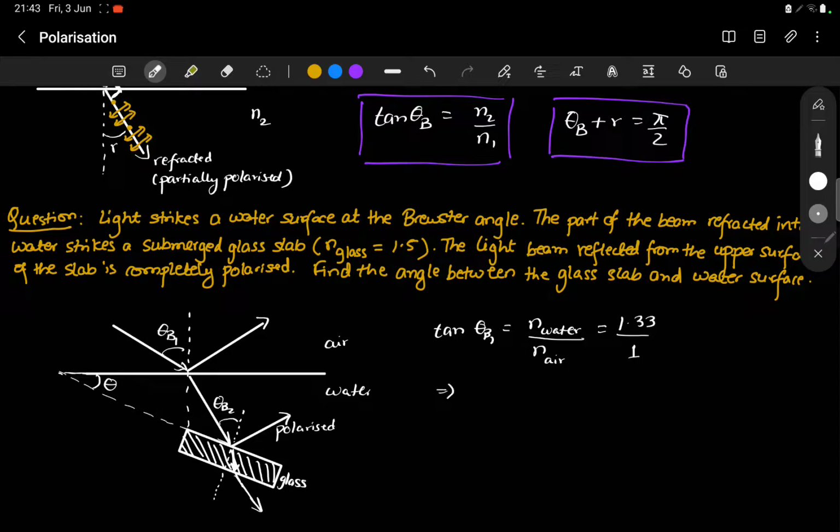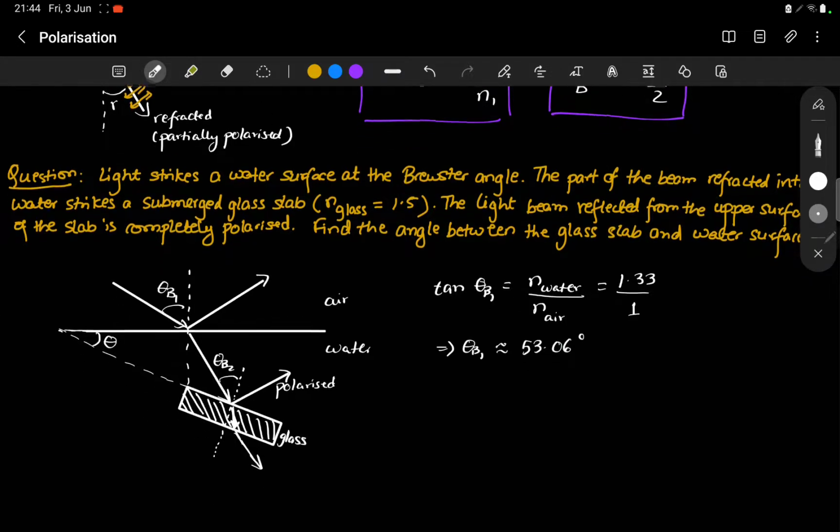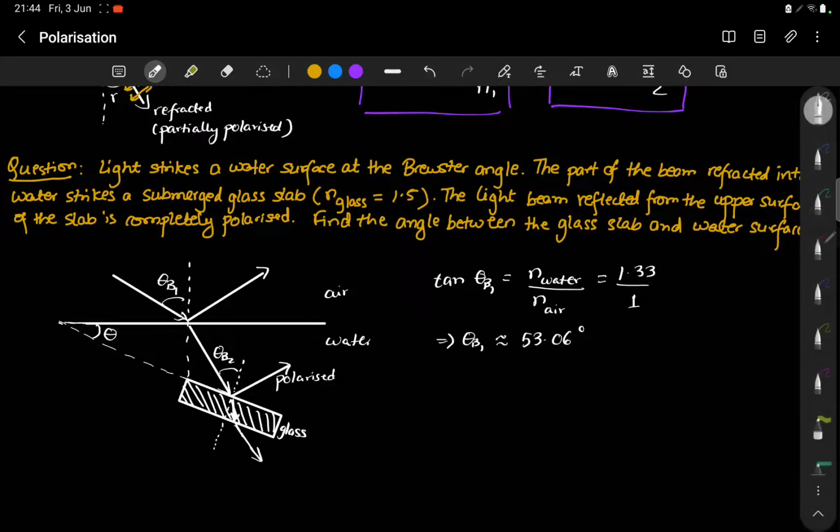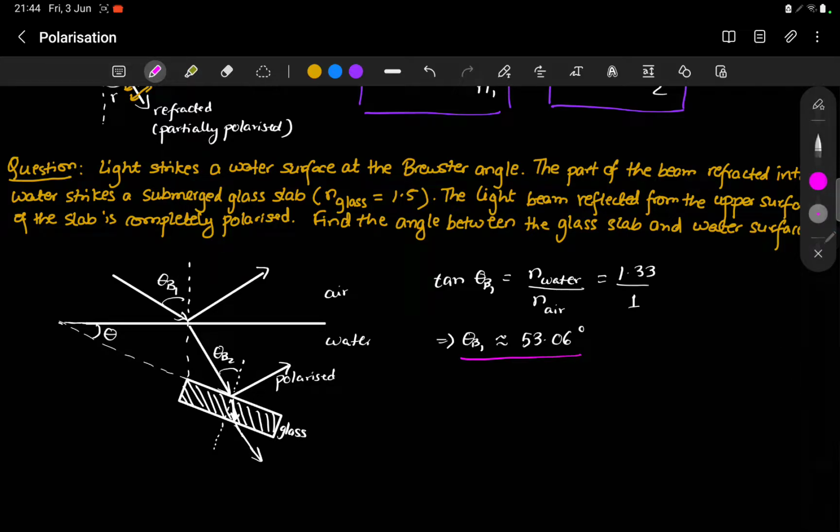So plugging this into the calculator gives us theta B1 is approximately 53.06 degrees. This is the Brewster angle for the air-water interface.